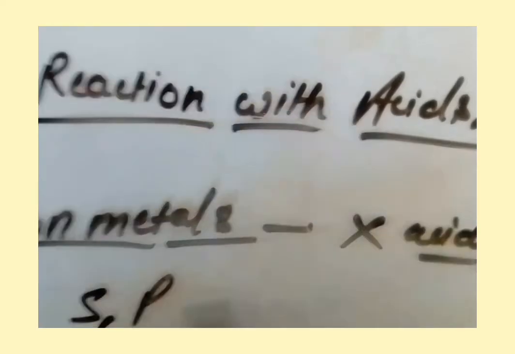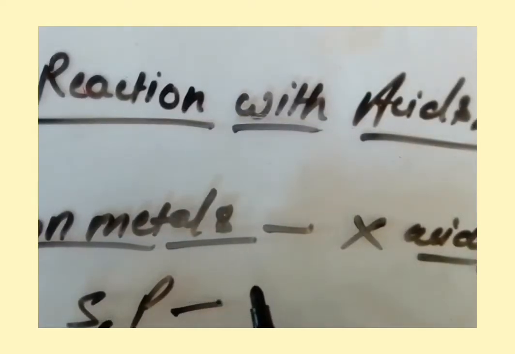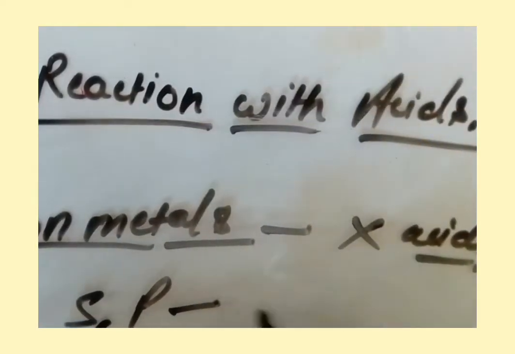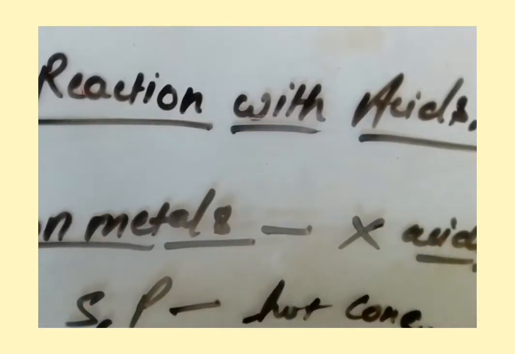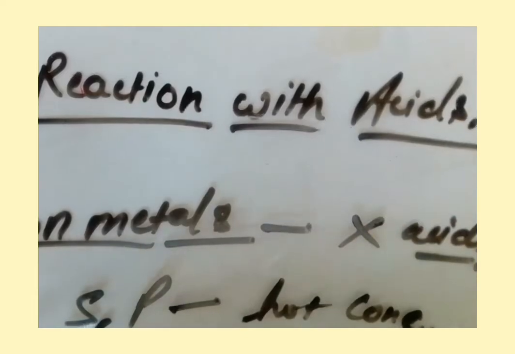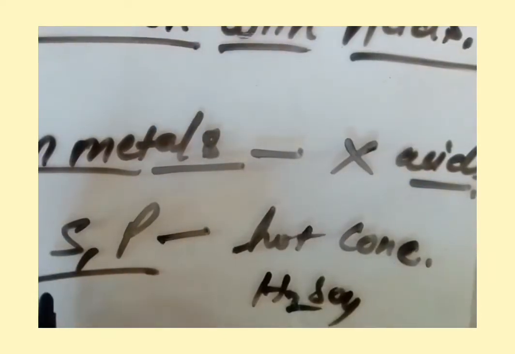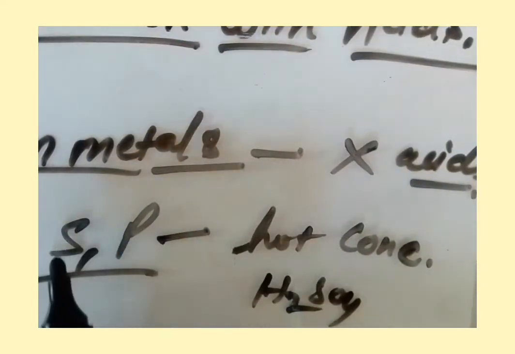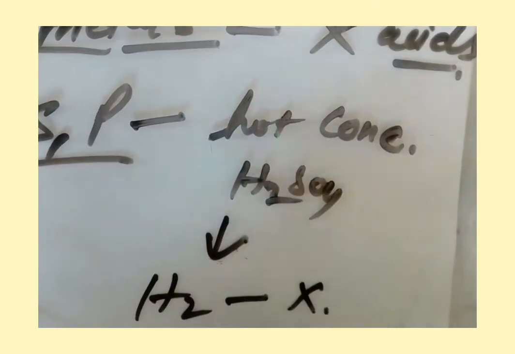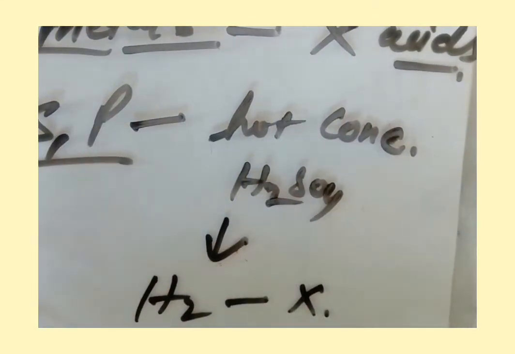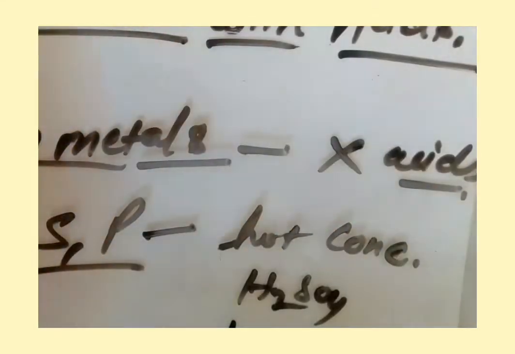Sulfur and phosphorus react with hot concentrated sulfuric acid. Sulfur and phosphorus, although they are non-metals, but still after reaction they will not liberate the hydrogen gas. So this is brief about the reaction of metals and non-metals with the acids.